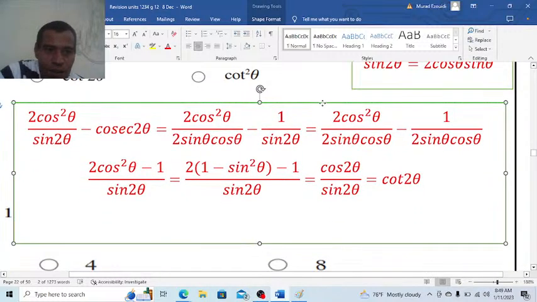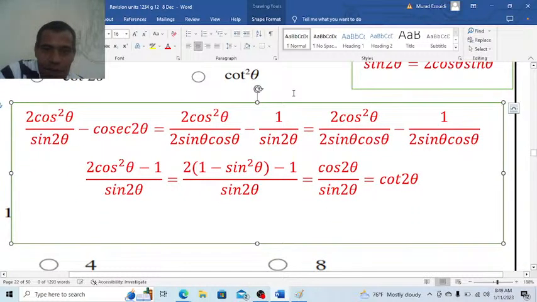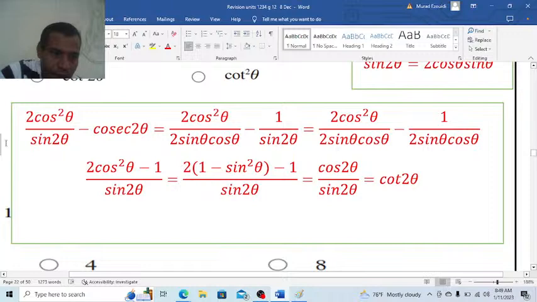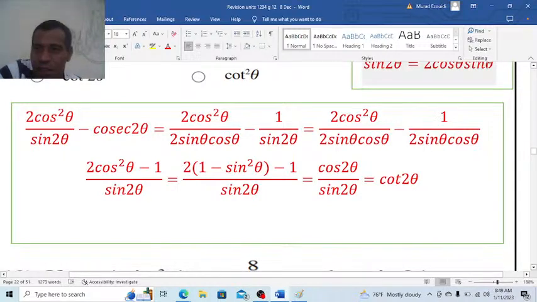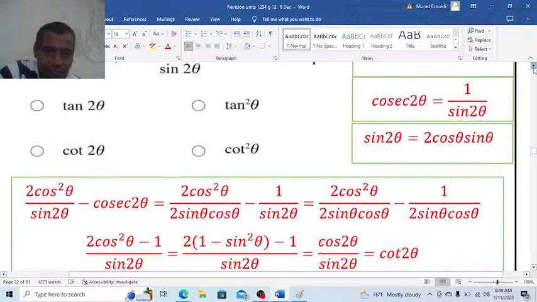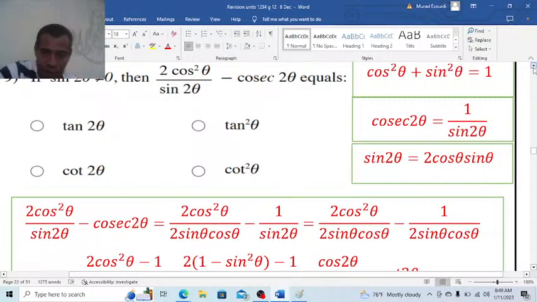So therefore, learners, if you can see, here the correct answer is 2 theta.